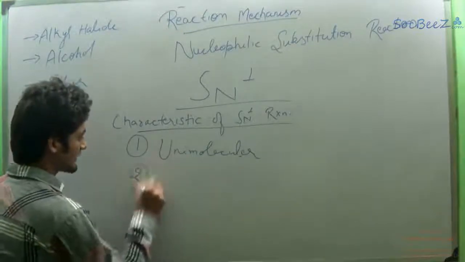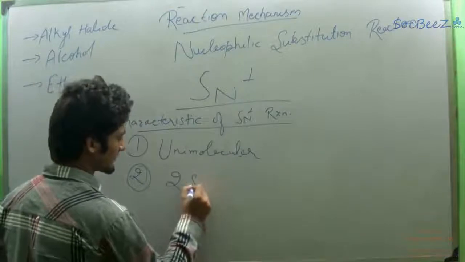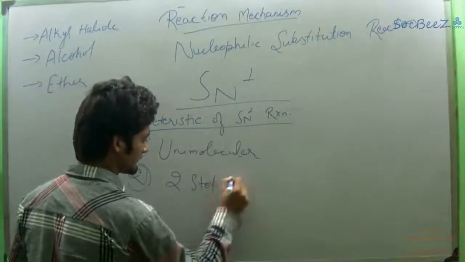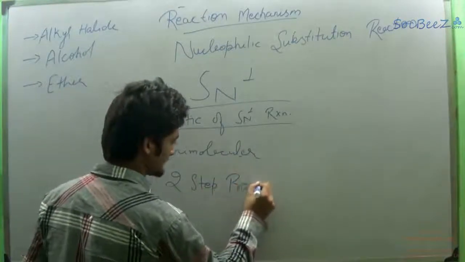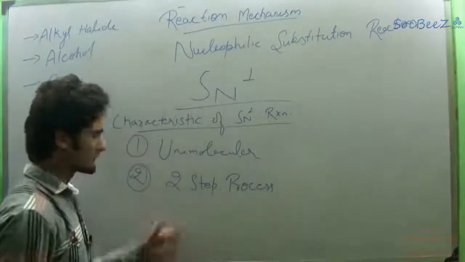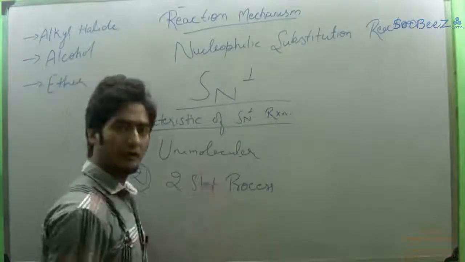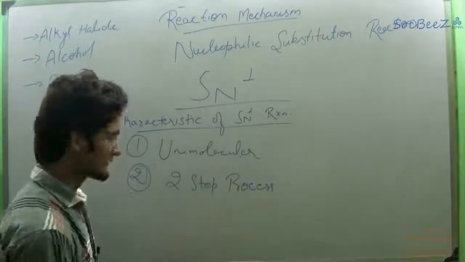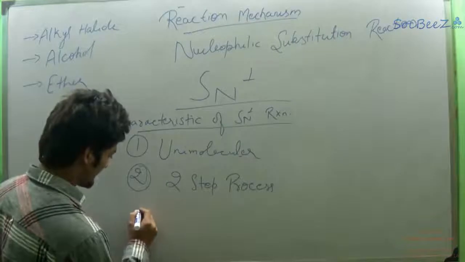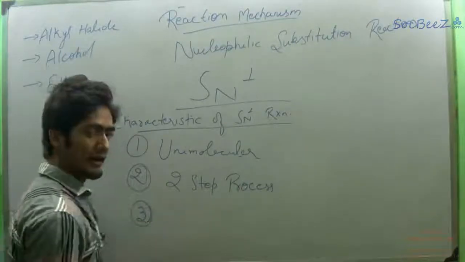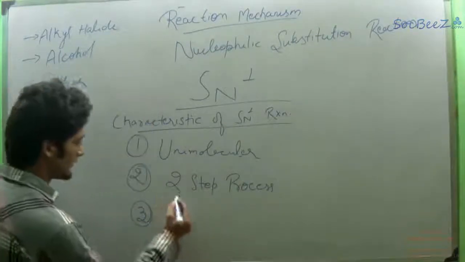The second one is, it's a two-step process. As discussed just now, in the first step, the carbocation is formed, and in the second step, the nucleophile attacks this carbocation.